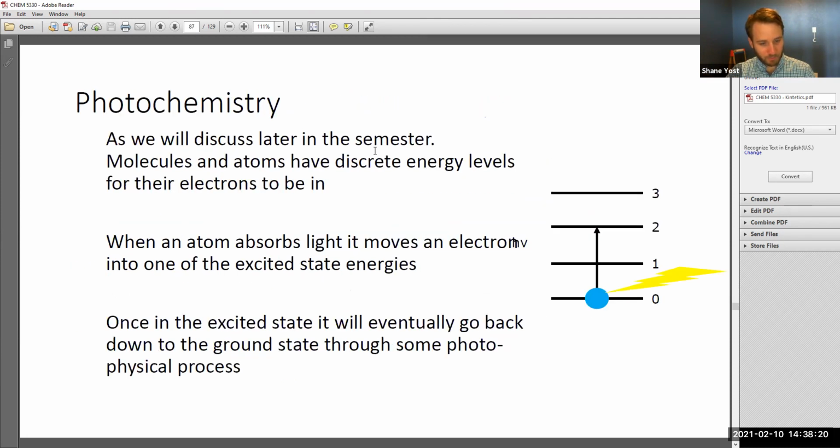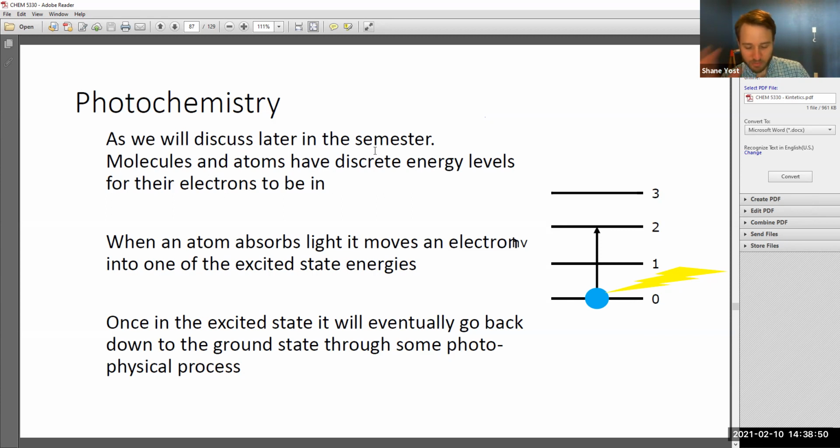Okay, so in photochemistry, we're going to be talking about just the kinetics of photochemistry of molecules after they've been hit with light and gone into some excited state. With Kelly, you're going to be talking about spectroscopy and these excited states and selection rules and things like that.